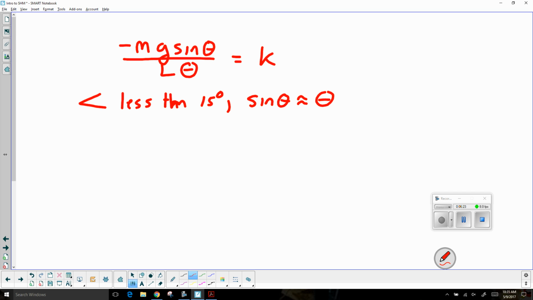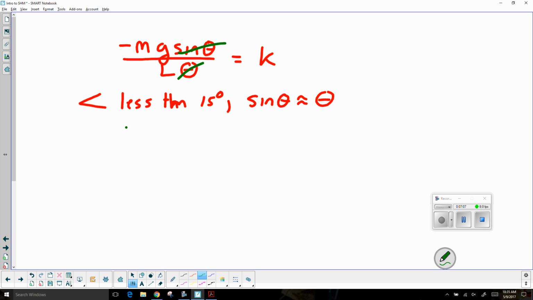You may have seen in the pendulum lab that if you increase the angle greater than 15 degrees, it was difficult to get your pendulum to work correctly. That's because at that point, the angle of launch did not equal the sine of that angle, and you ended up having a disparity in that ratio. So this equation works really well for pendulums with a launch angle of 15 degrees or less. What this means is that the angle and the sine of the angle can cancel each other out. And then I'm going to be left with this expression here.